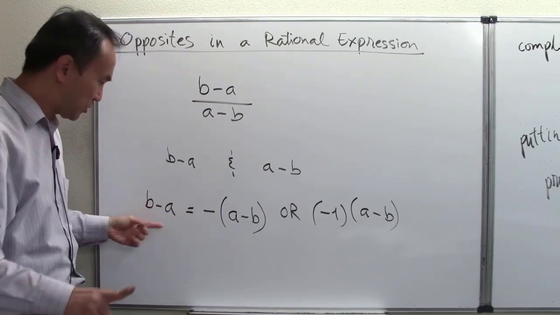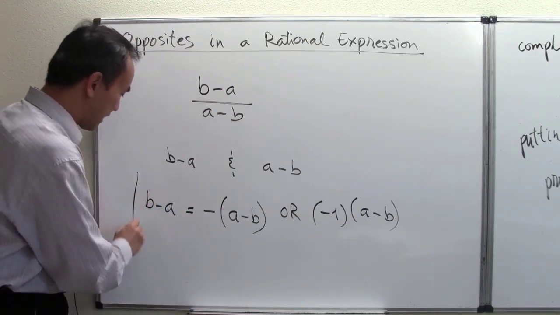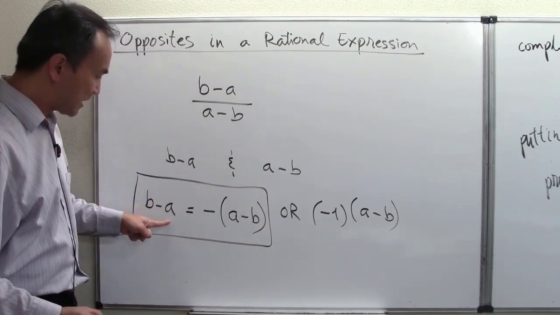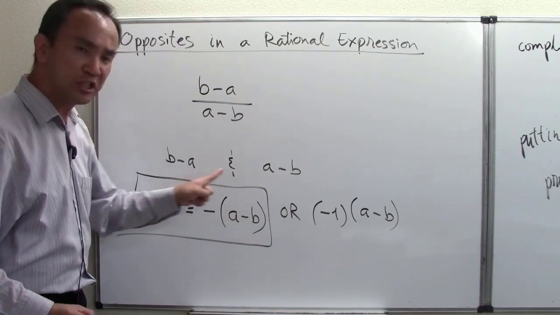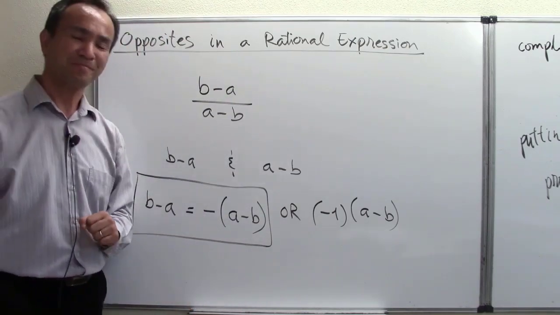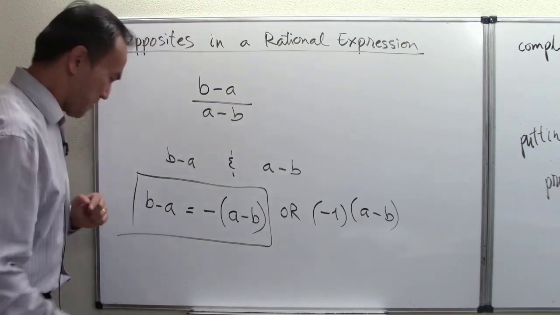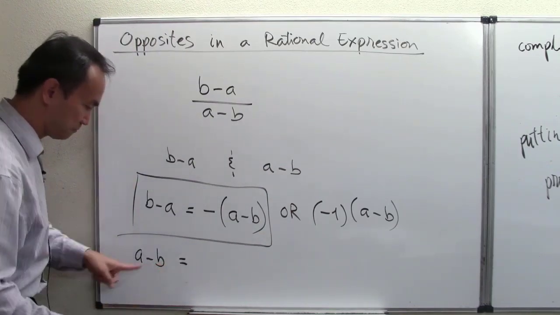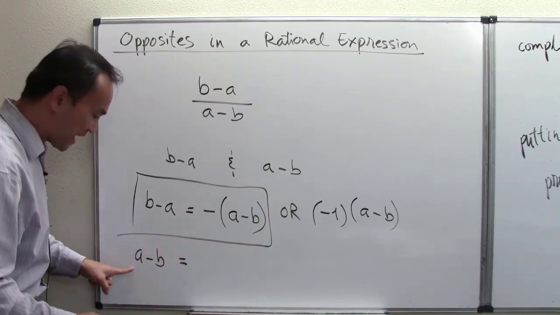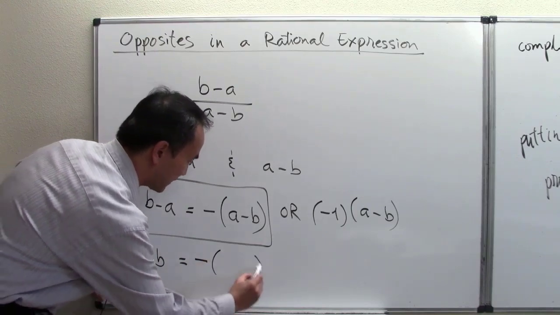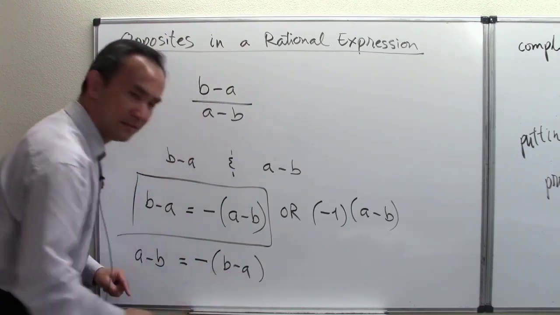And that's the reason why, if you're checking out this relationship right here, it points out that b minus a and a minus b, these two are opposites. They are opposite in signs, as I said earlier. In the same way, a minus b, you can think of that as we can purposely factor out the negative sign among the two terms right here, making it minus, and now we have b minus a.